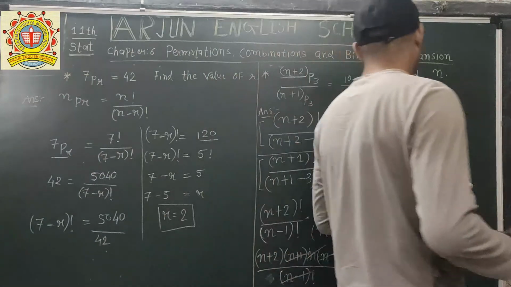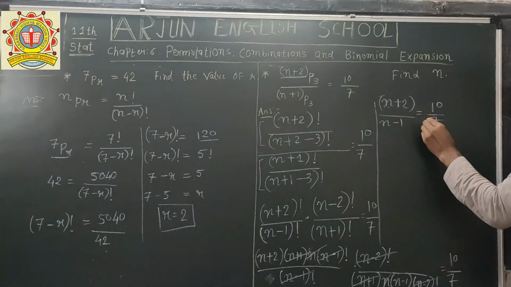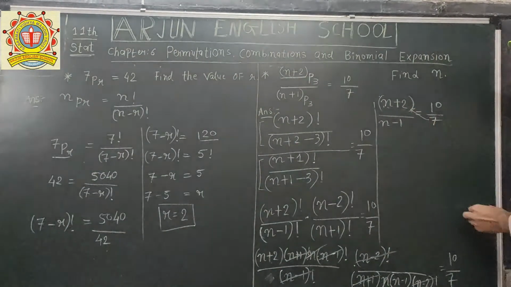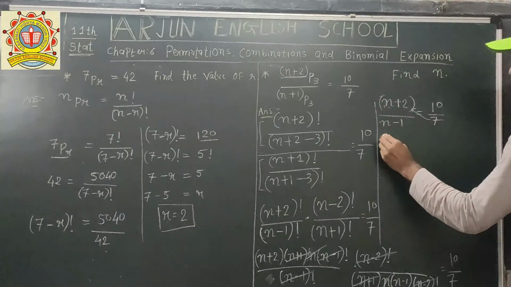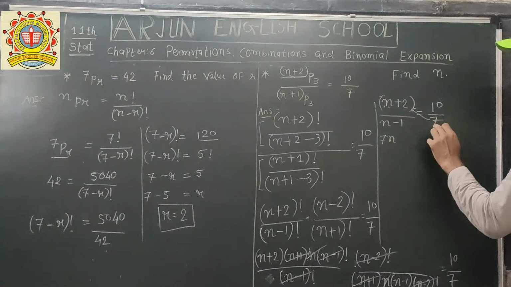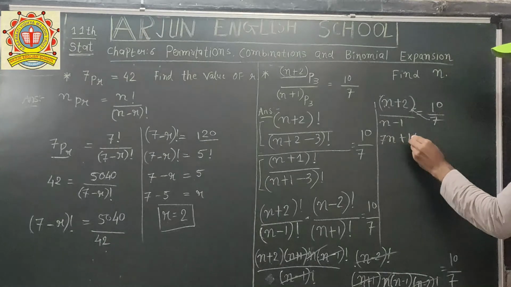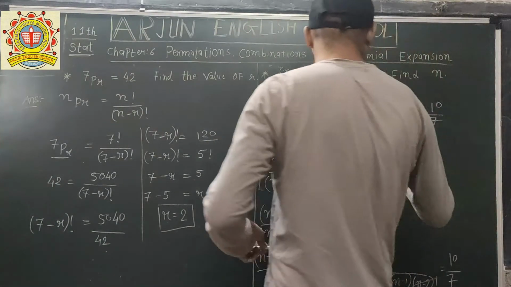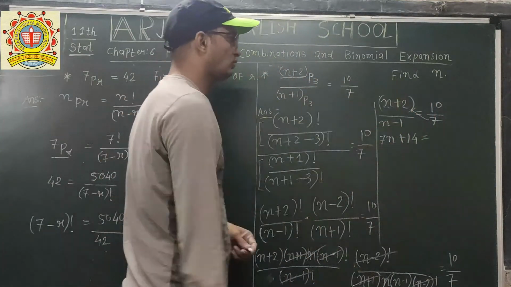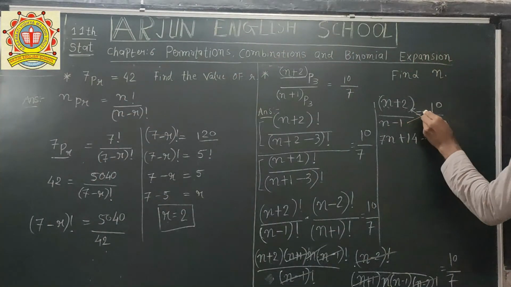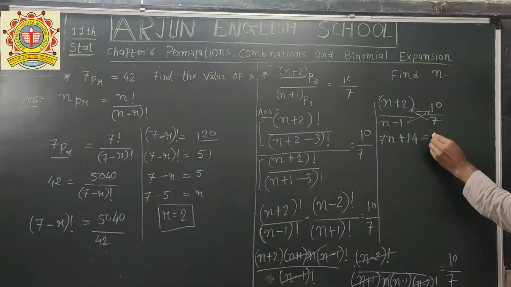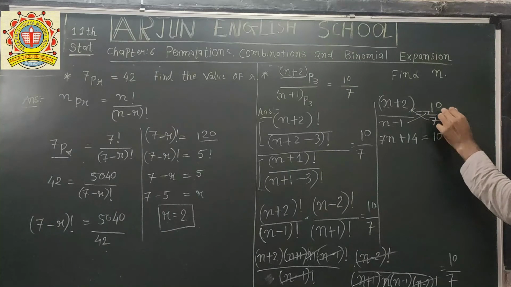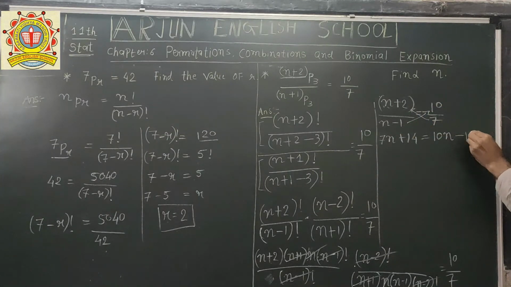Now cross multiplication. It means 7 multiplied by this. So 7 into n, 7n, 7 into 2, 14, is equal to. Now again cross multiply 10 into (n minus 1). So now 10 into n, 10n, 10 into 1, 10.